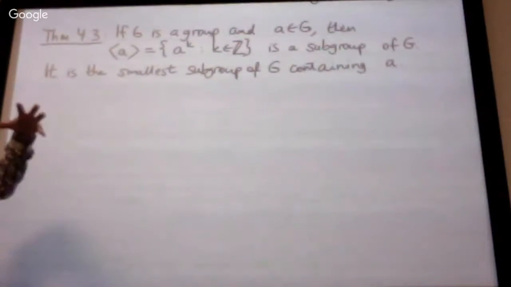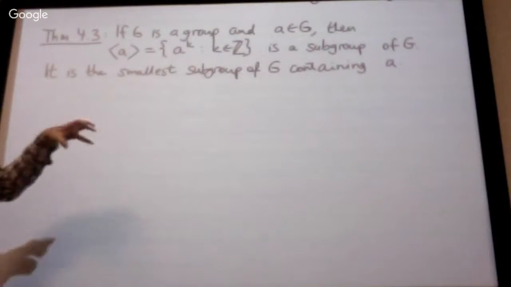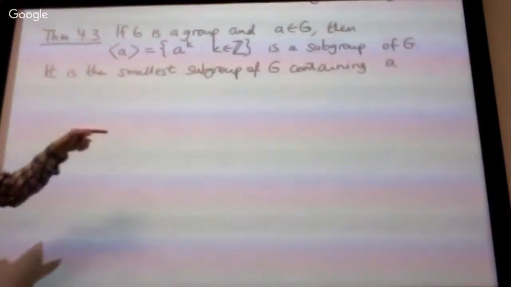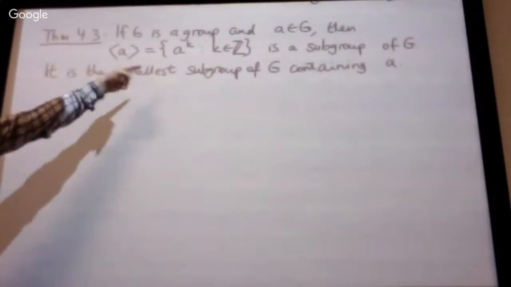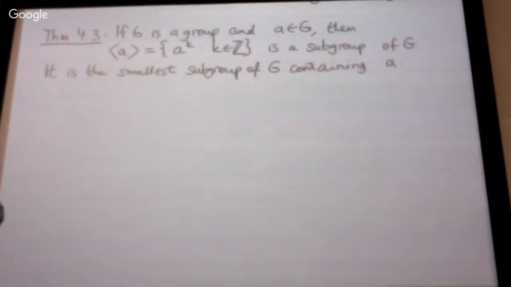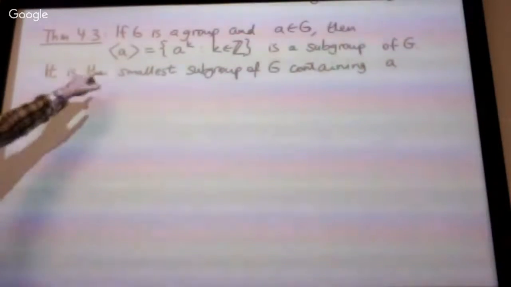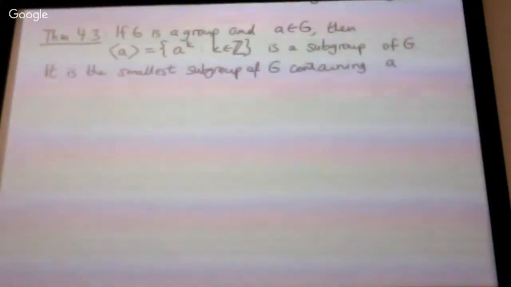The smallest means in terms of inclusion. So every other subgroup of G that contains A must contain this, and all of this as well. So there are other subgroups containing A, perhaps, but they all contain all these elements. And that's kind of clear.